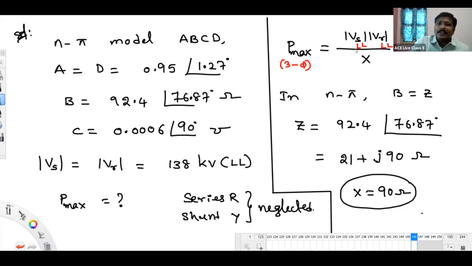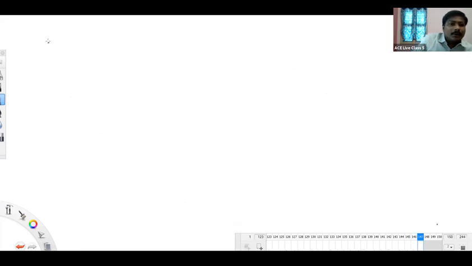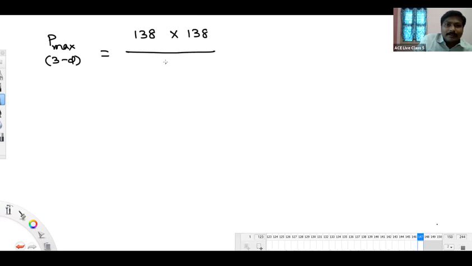That we will substitute in the P maximum equation to get the approximate value of P maximum. Okay, so let's say approximate P maximum value by neglecting the series resistance as well as shunt admittances: 138 into 138 by 90. kV squared means mega.